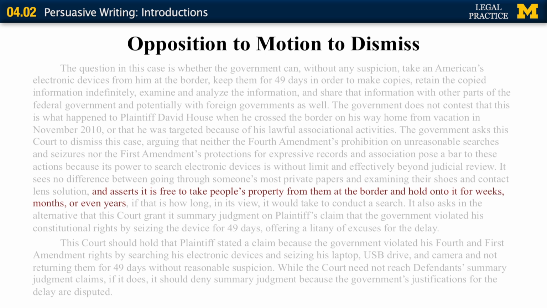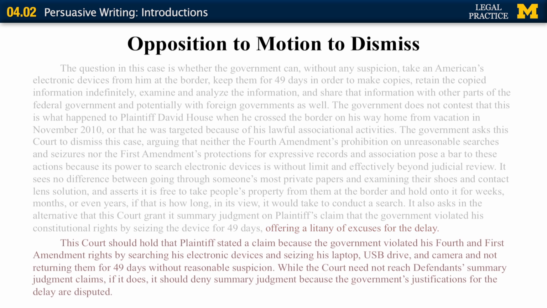Again, these are ways of describing the law that make the government's view sound extreme. And it describes the government as offering a litany of excuses for the 49-day delay in returning the plaintiff's electronic devices to him. Finally, the introduction ends with a clear statement of what the plaintiff wants. The plaintiff wants the court to deny the government's motion to dismiss.